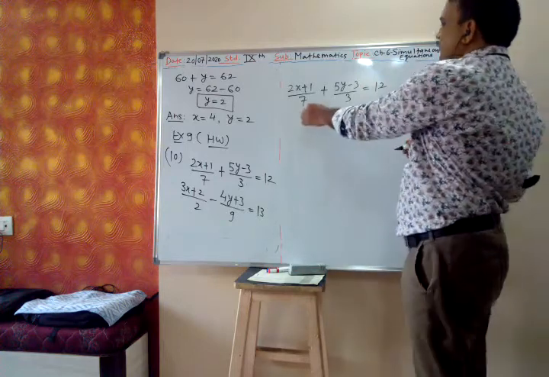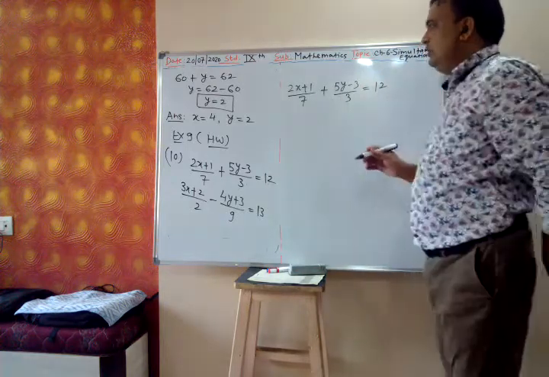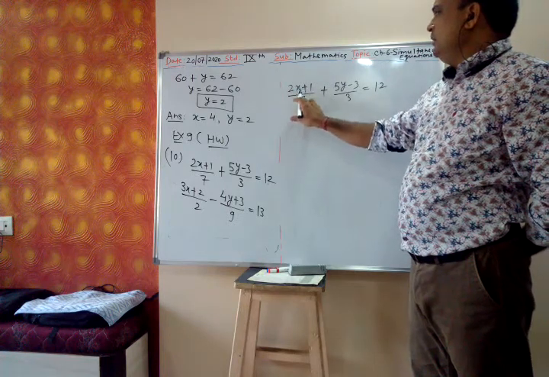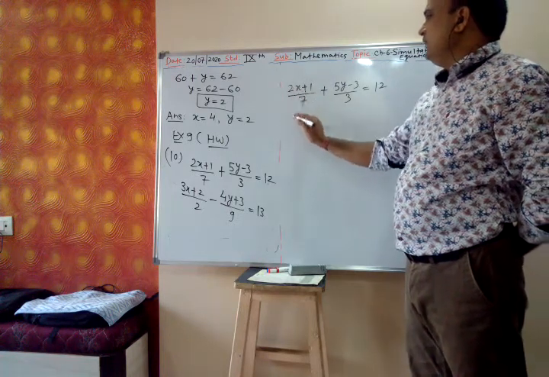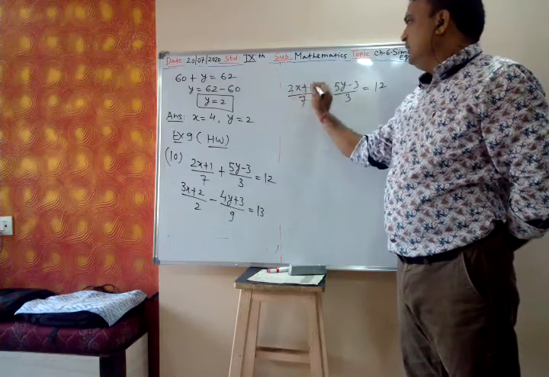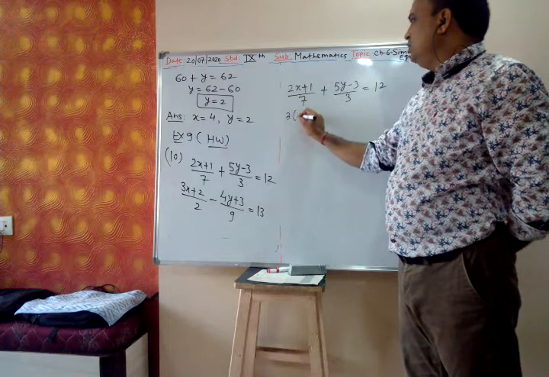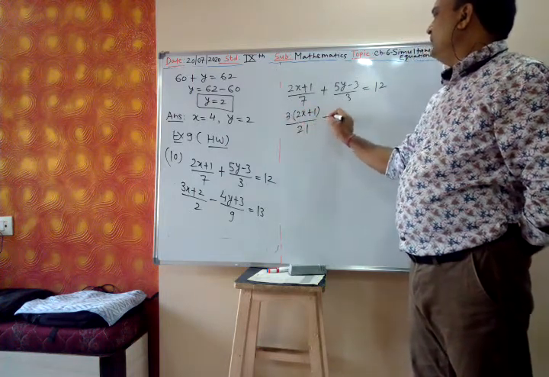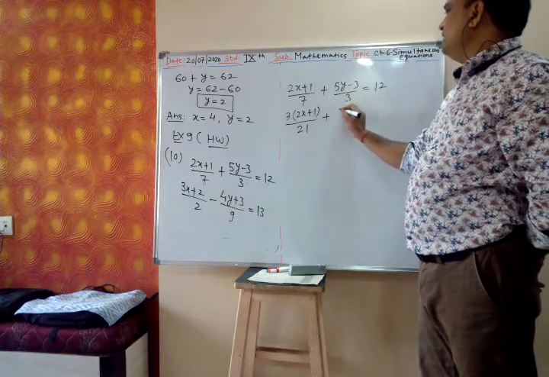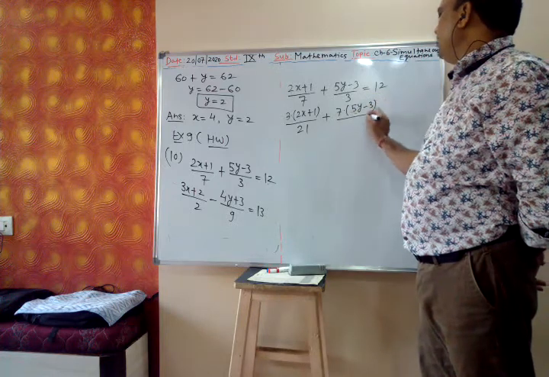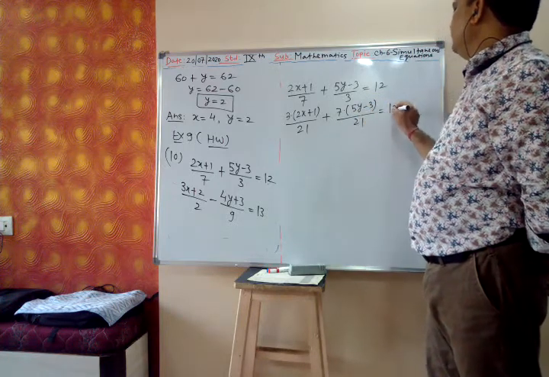Now LCM of 7 and 3 is 21. So we want to make the denominator equal. So this numerator and denominator I will multiply by 3. So 3 into 2x plus 1 upon 21 plus this I will multiply and divide by 7. So 7 into 5y minus 3 upon 21 is equal to 12.